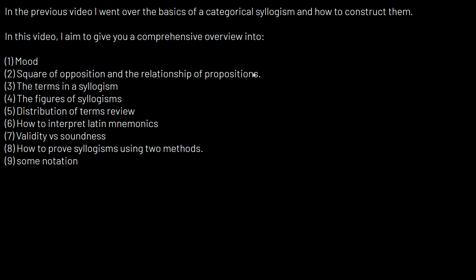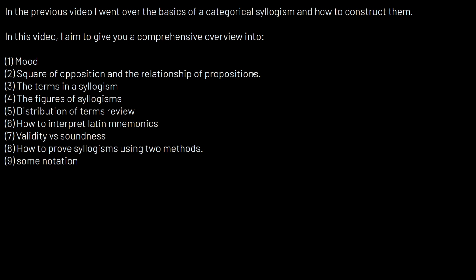So in this video, I'm going to be giving you a comprehensive overview of: 1. What mood is, the mood of propositions and a syllogism, the square of opposition, which you might have heard before, and the relationship of propositions. 3. We are going to learn about the terms in a syllogism. 4. The figures of syllogisms. 5.